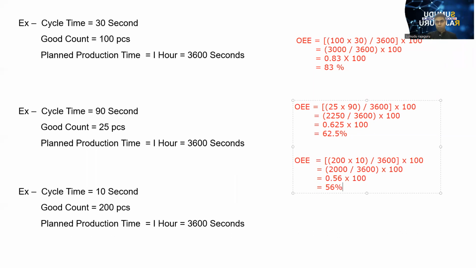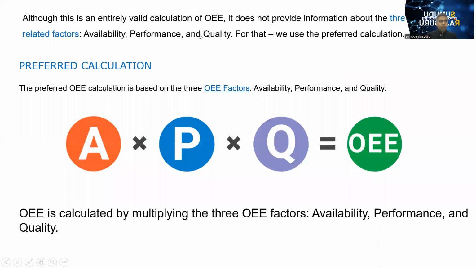So I'm moving to the next slide. Although this is an entirely valid calculation, now we have already calculated the OEE, and anyone can't say that is wrong. But the thing is, it does not provide information about the 3 loss-related factors.